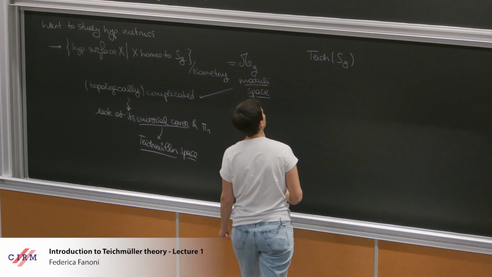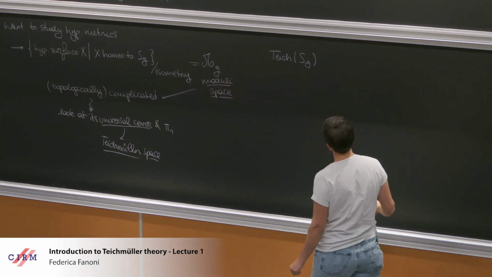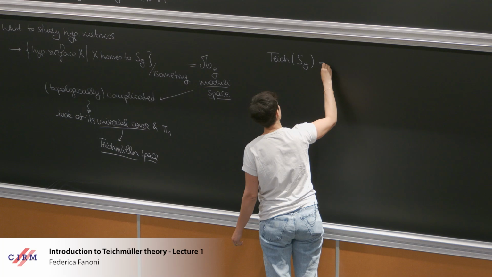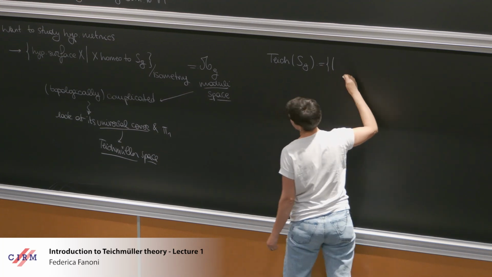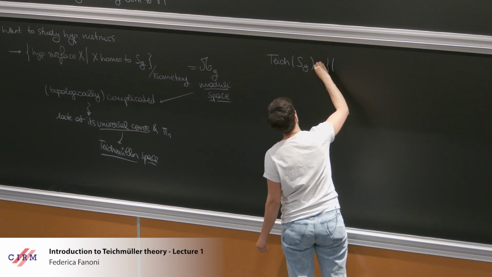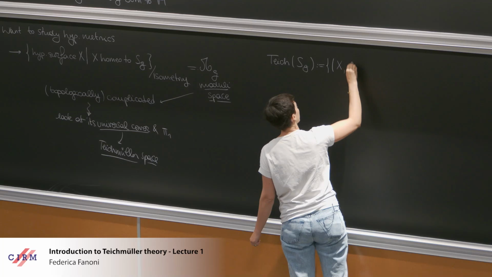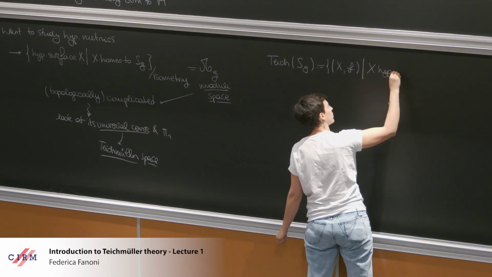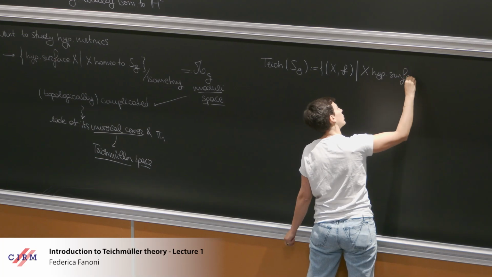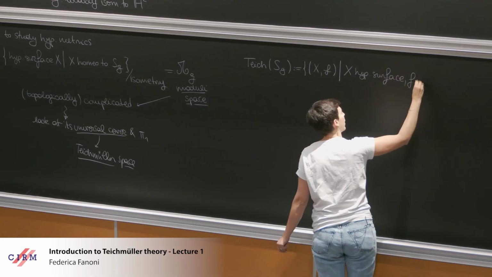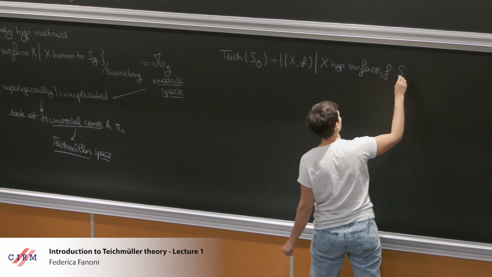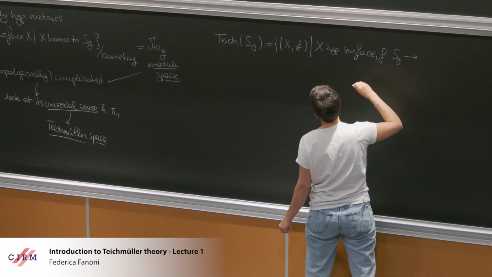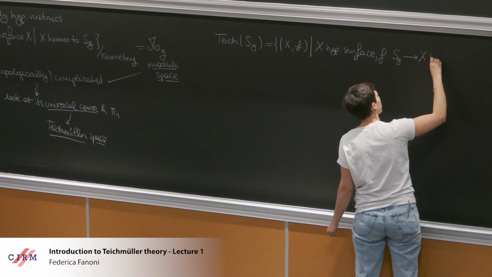So the Teichmüller space of surfaces of genus G, what is it? It's a space of pairs (X, f), where X is a hyperbolic surface, and f from the fixed genus G surface to X is a homeomorphism.